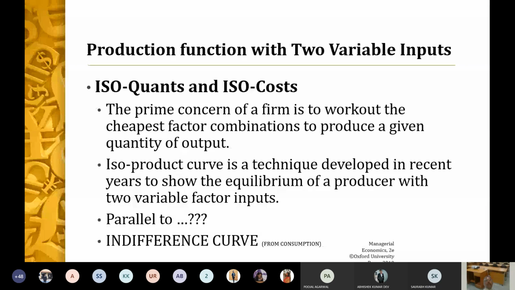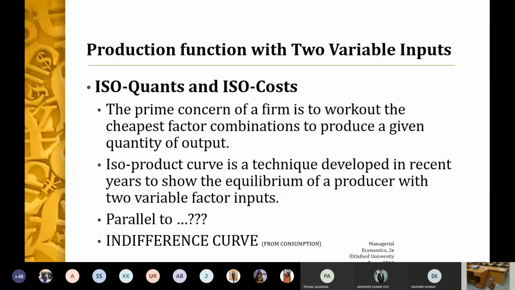Now, with two variables, we have two kinds of graphs. One is known as the isoquant, and the other is known as the isocost. Iso means same.